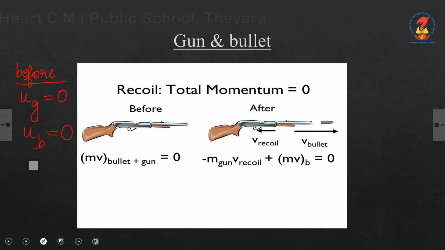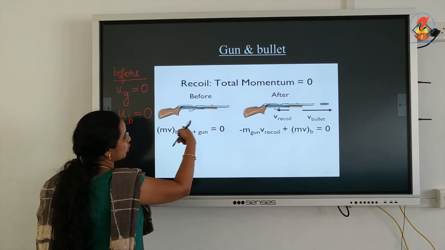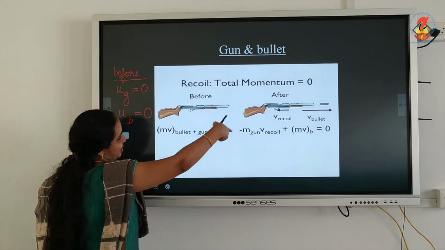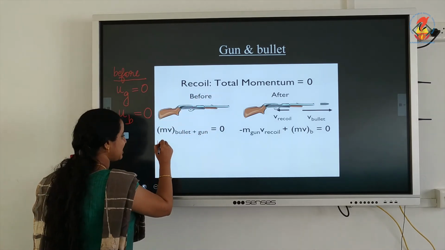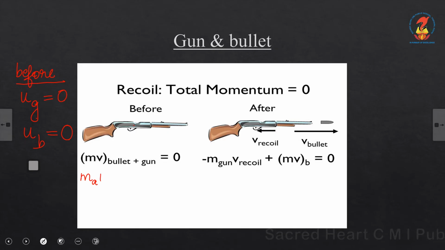Now, according to the formula of conservation of momentum, the total momentum of this system before collision is MAUA plus MBUB. Here, instead of the first object, we have the gun.